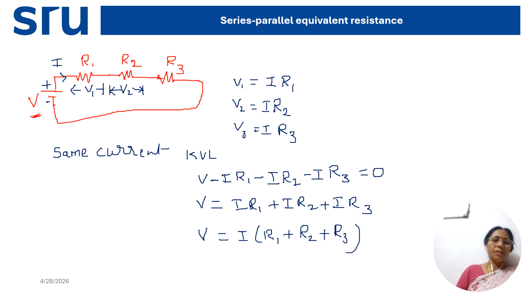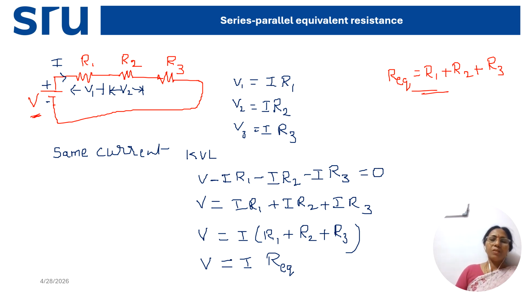Then this can be written as total voltage V equals the total current delivered by the voltage source into R equivalent, where R equivalent is the sum of resistors R1, R2 and R3. So this is the equivalent resistance of the three elements.